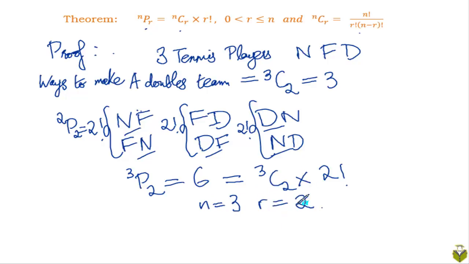We'll just look at the general case now, which will be easier to understand. Taking the general case, say I have n different objects, or n distinct objects, and I call them A1, A2, A3, and so on up to An.